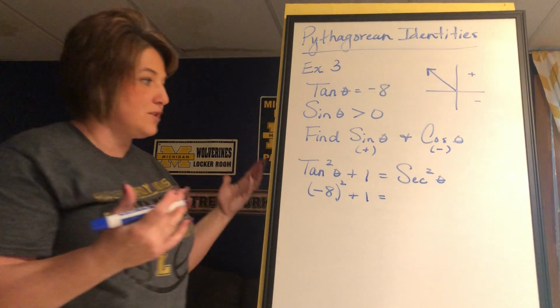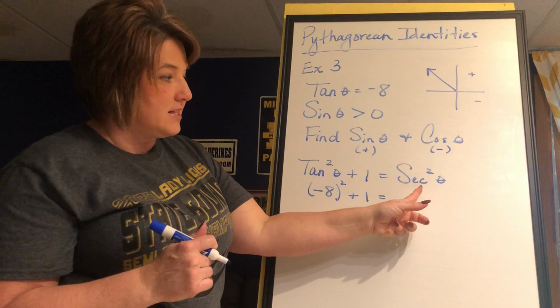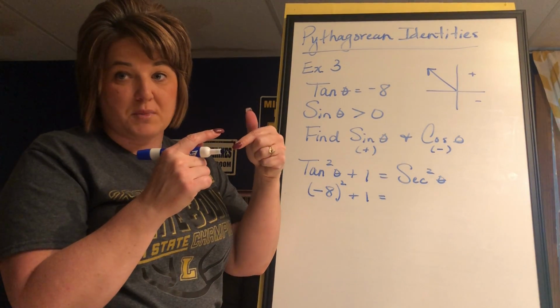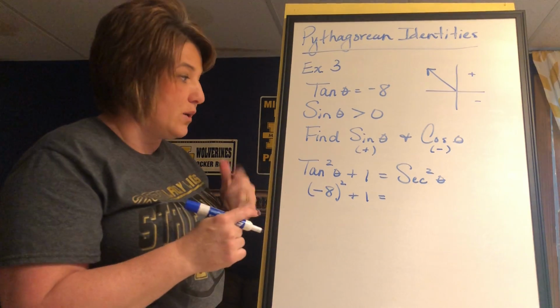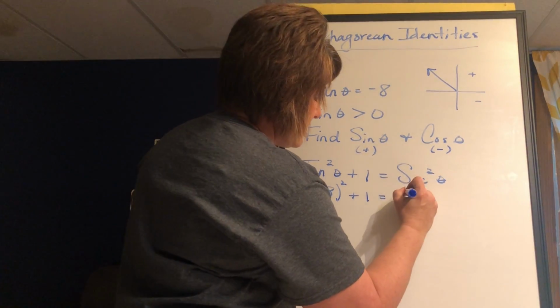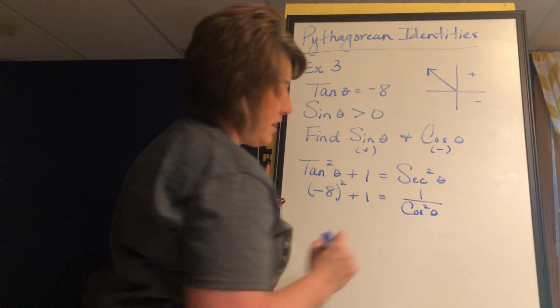You may be saying, well, why did you choose this one? We don't even want secant. Well, if we know secant, we also know cosine, because we can just flip it upside down. Remember, the reciprocals. So it will get me to my answer. So we'll just say this is 1 over cosine squared theta.